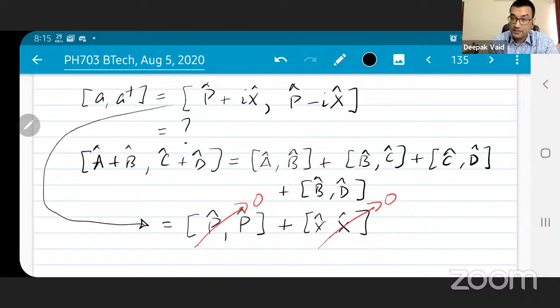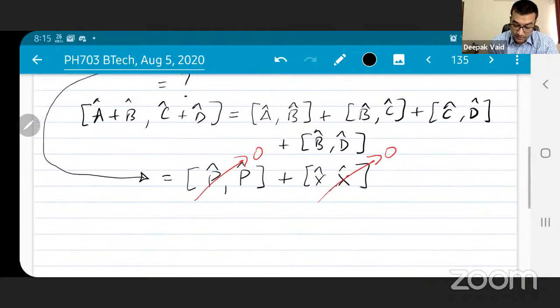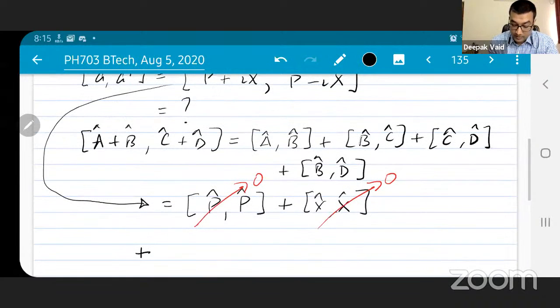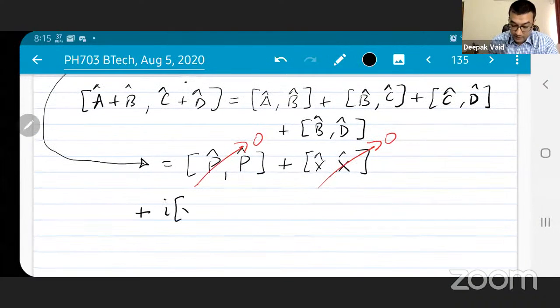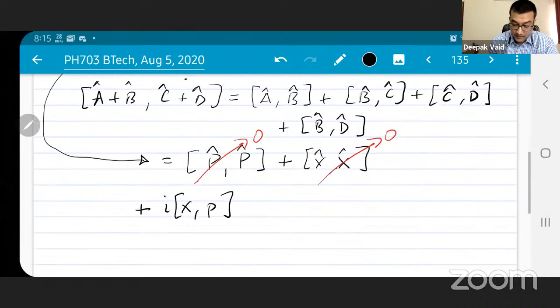The commutator of the operator with itself is 0, right? And then we get 2 more terms. So I get i times the commutator of x and p, and then minus i times the commutator of p and x, right?